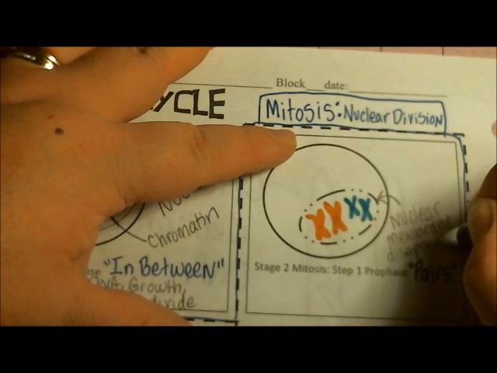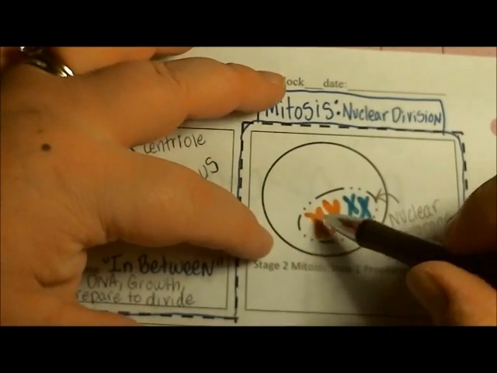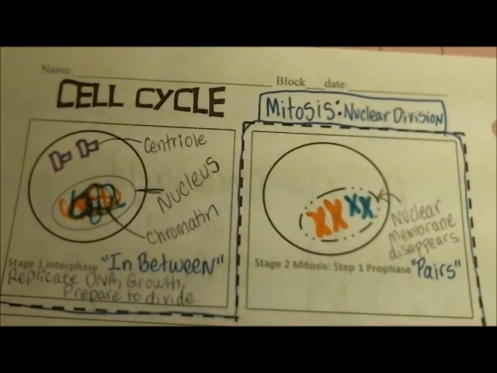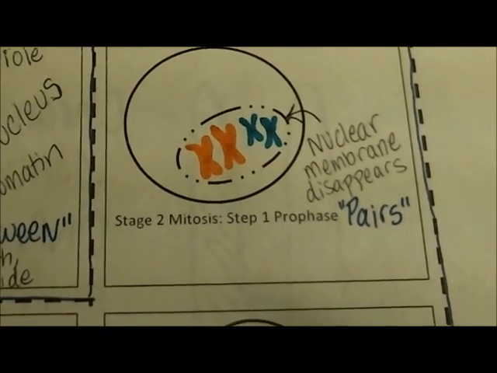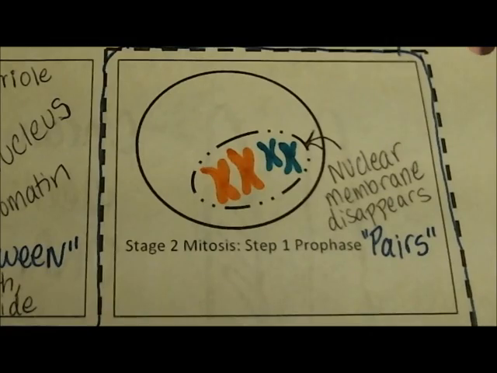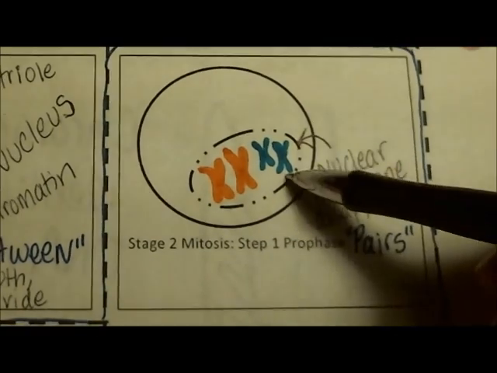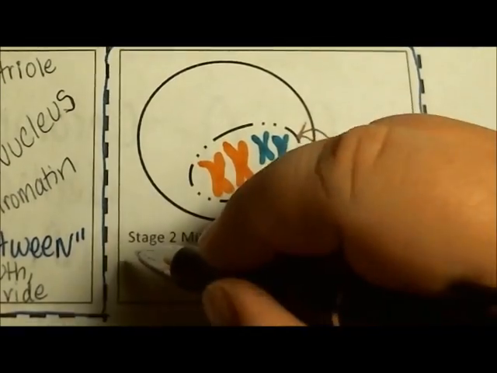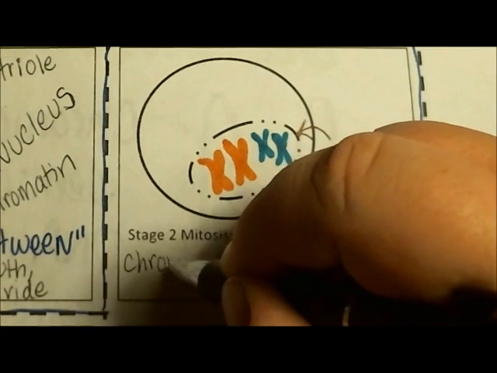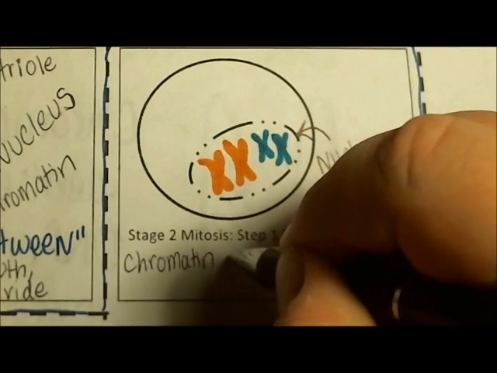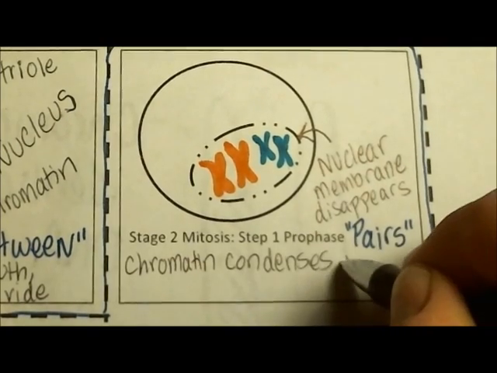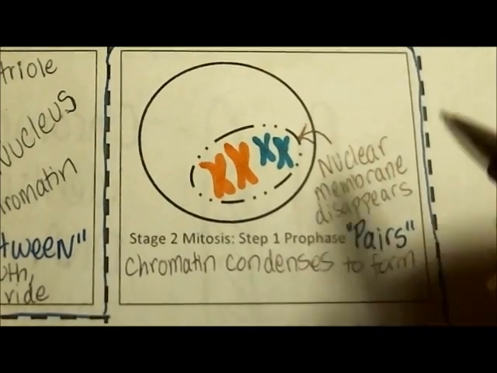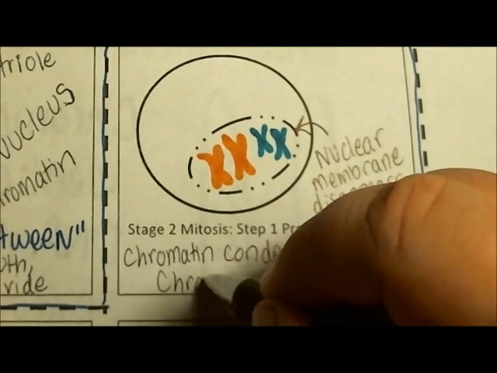And that just makes sure that the cell sorts out all this important DNA correctly. So make sure you have that copied. Nuclear membrane disappears. And we want to remember that the chromatin condensed. So chromatin condenses to form chromosomes.